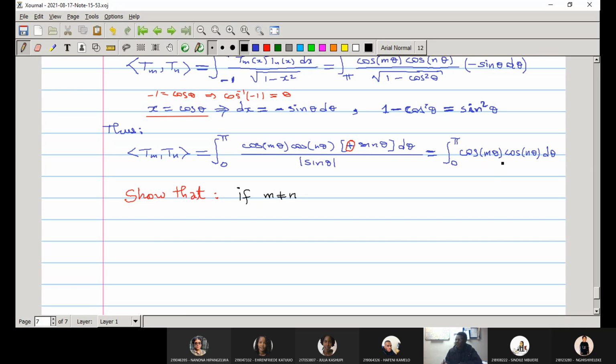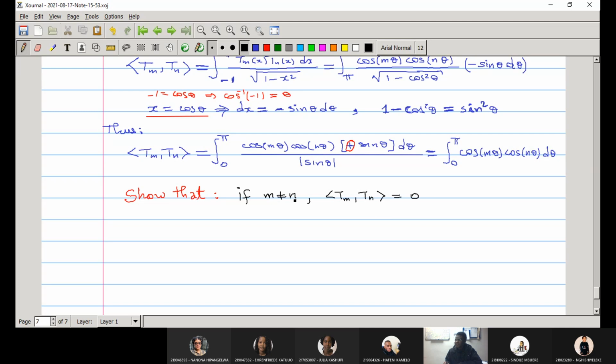When I say expand, you can write this as a sum, right? You need to convert this product into a sum using a trigonometric identity, and you'll be able to find that this integral will be equal to 0.